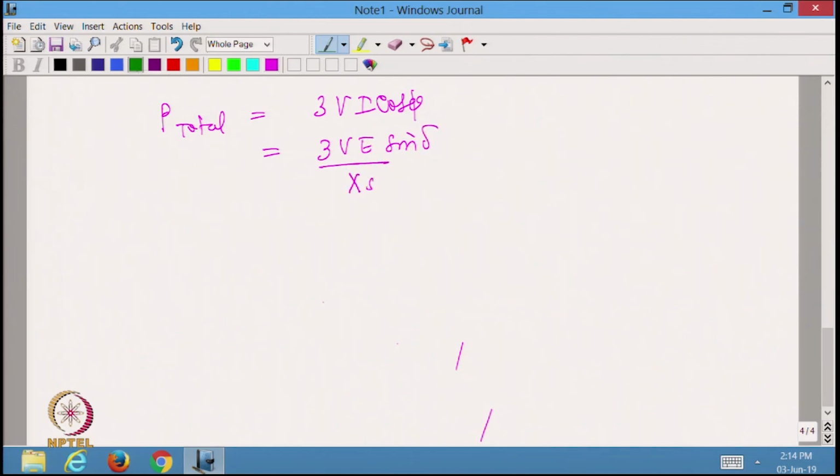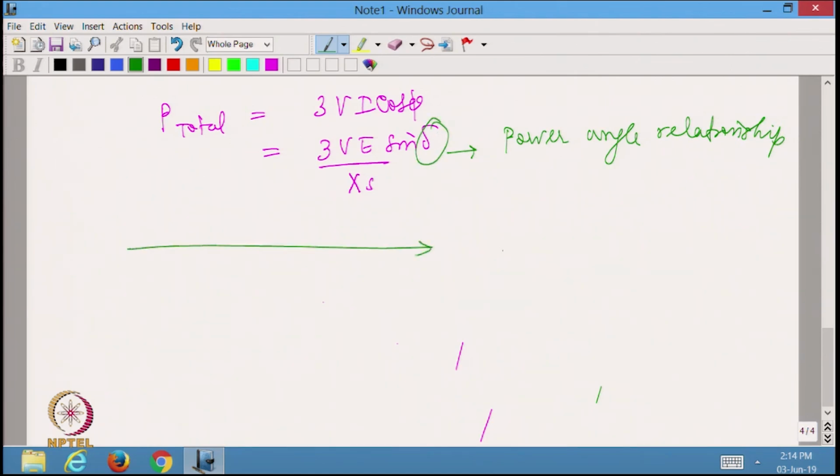So, this is essentially known as the power angle relationship for a synchronous machine. So, this delta is the angle between, if I say this is actually my V or Vt, and let us say I am going to draw a current which is Is and which is having a phase angle of phi, I should be able to write that I times Xs will be somewhat like this.